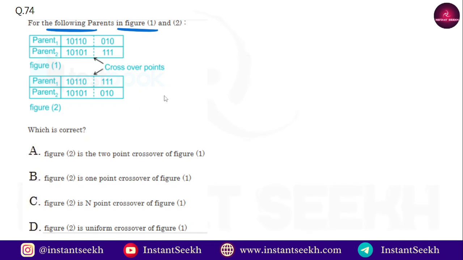Here the crossover is after the fifth bit, and after just one cut, the right hand side part of the parents is swapped among themselves.